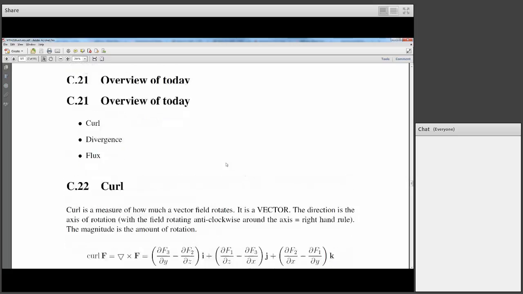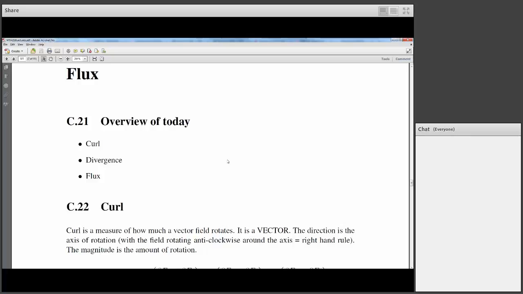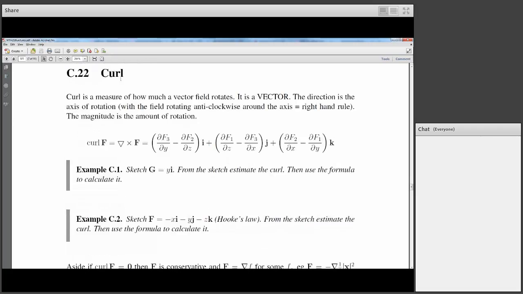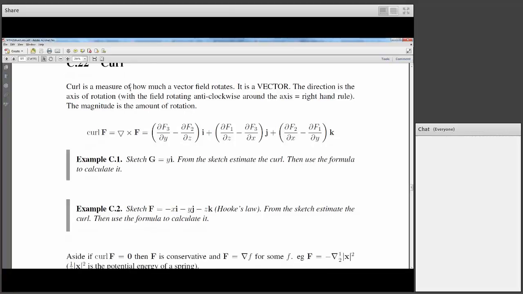So first thing we'll look at is the two different ways of differentiating vector fields. One's called curl, and it's good to talk about it in general terms first. Curl is essentially a measure of how much a vector field rotates. It's really important that curl is a vector.